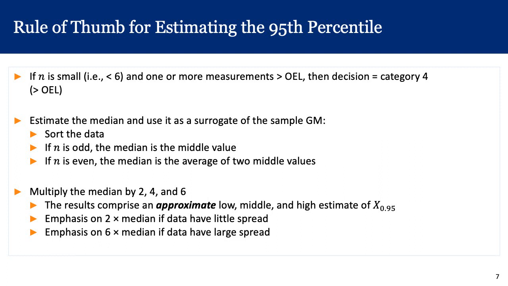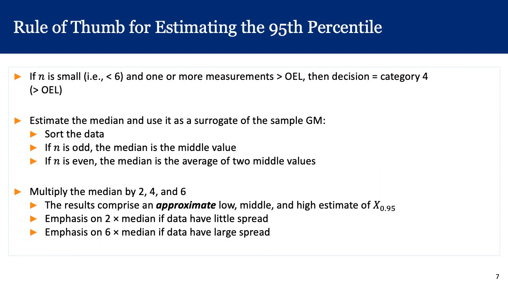If we don't have that kind of a straightforward, easy data set, then we have to estimate the median and then use it as a surrogate for the sample geometric mean. And we all know from our early statistics courses how to estimate a median.